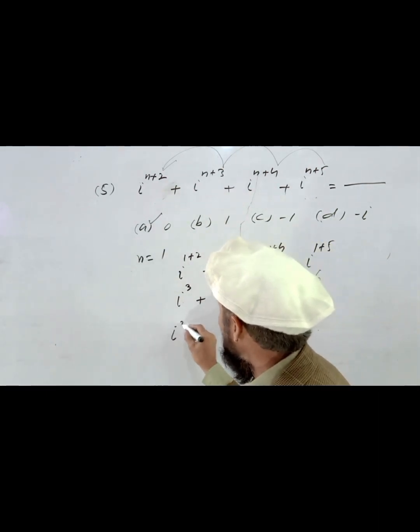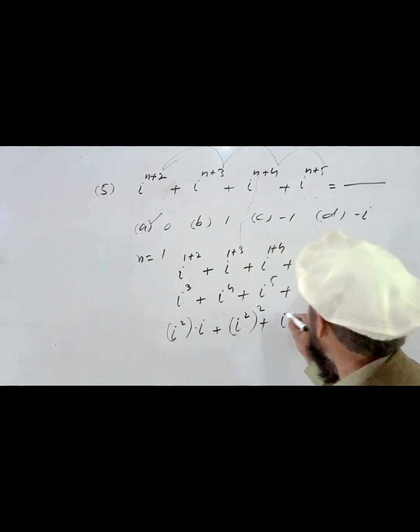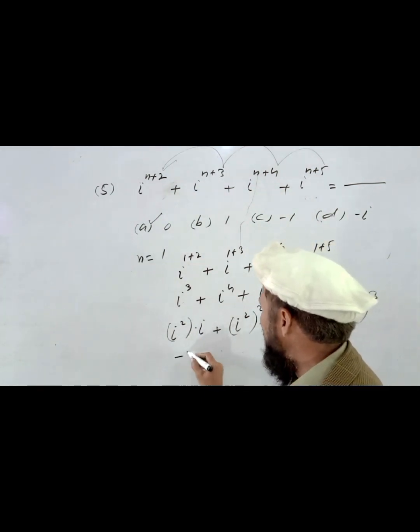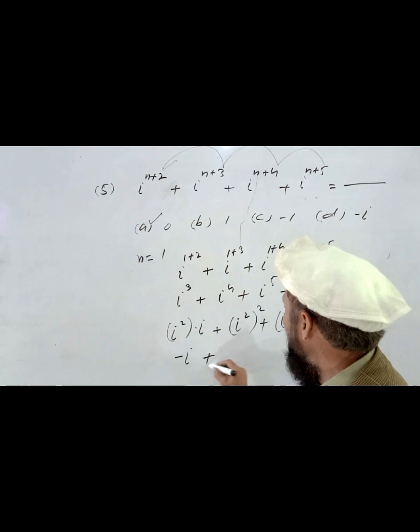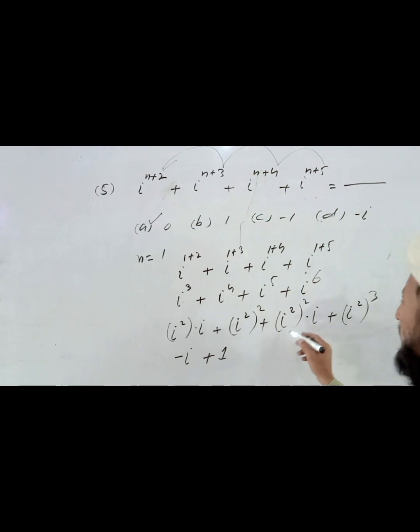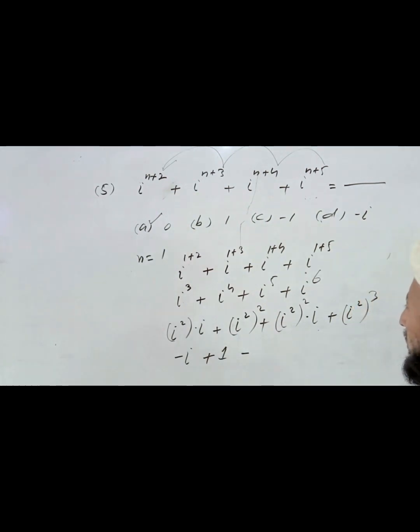We can write i squared into i, plus (i squared) whole squared, plus (i squared) whole squared into i, and i squared to the power 3. Here we get minus i, minus 1 squared plus 1, and minus 1 plus 1.